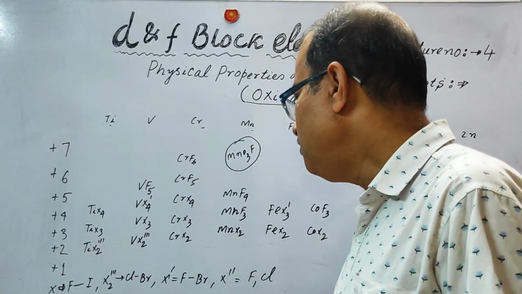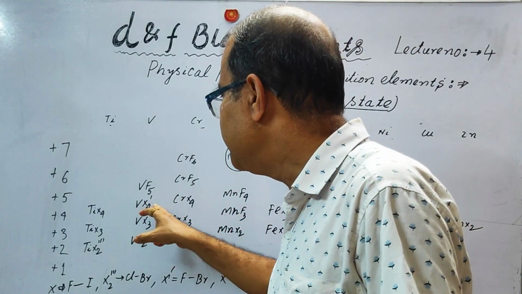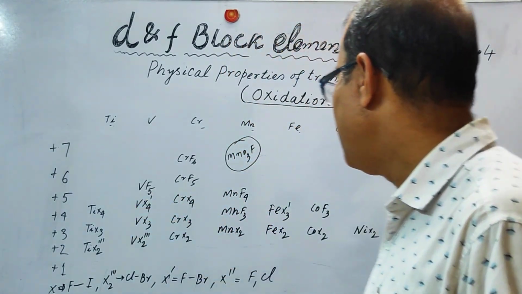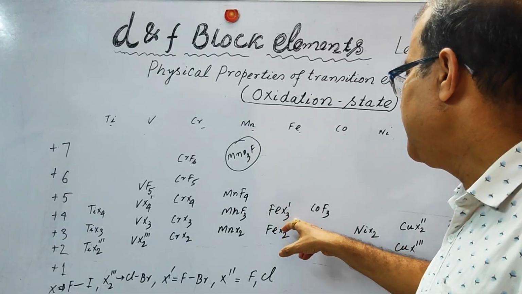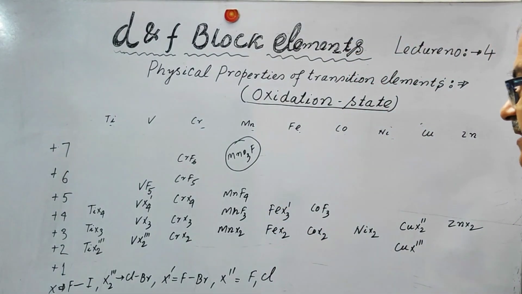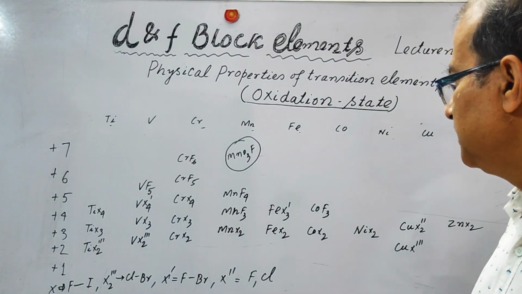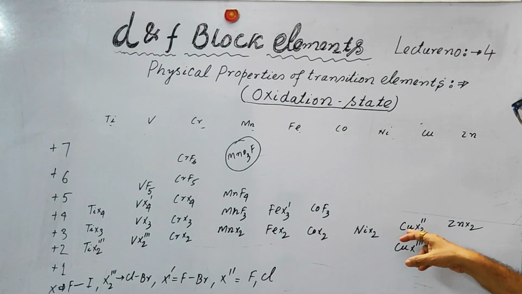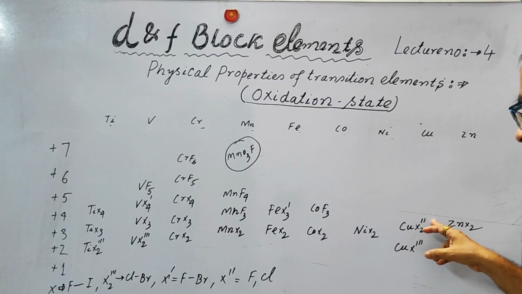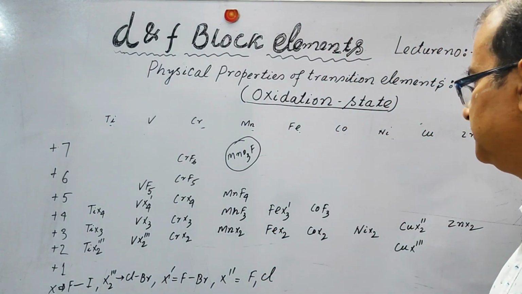Okay. Now we can see another thing, that for the tetrahalide of vanadium or the trihalides of iron, you will find there is no iodide produced. And in the case of copper dihalide, you can find only the fluorides and chlorides.